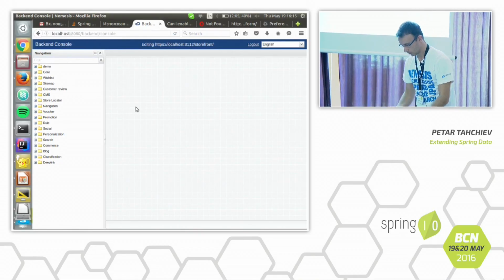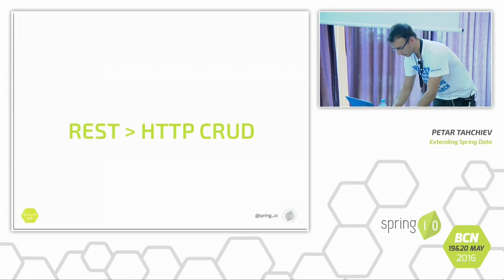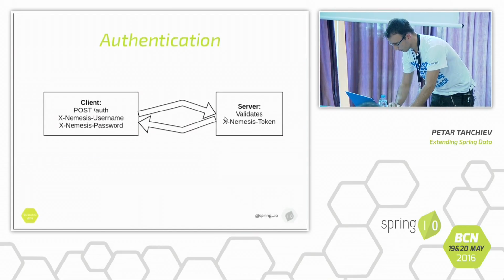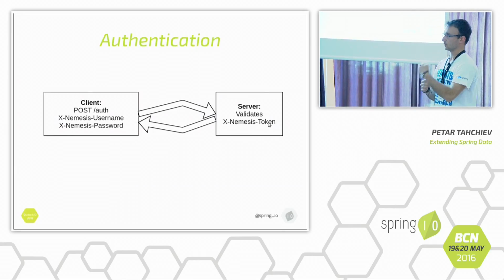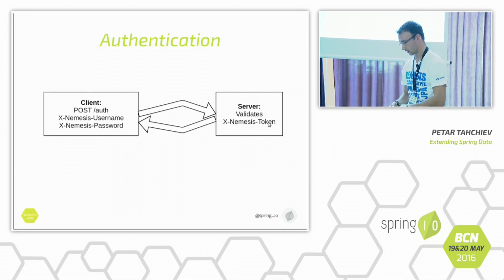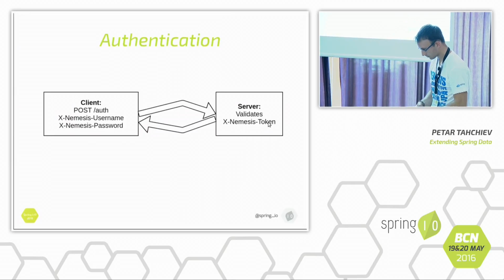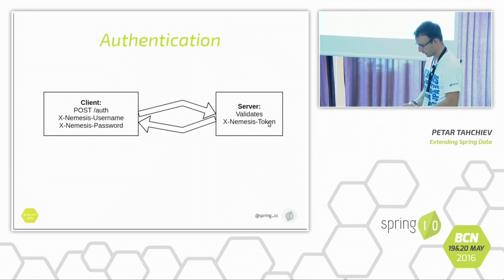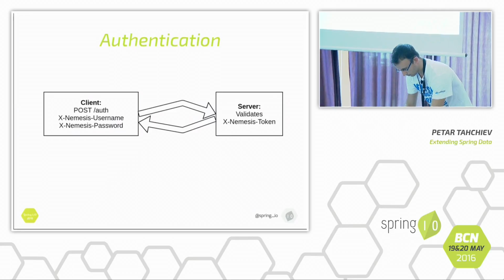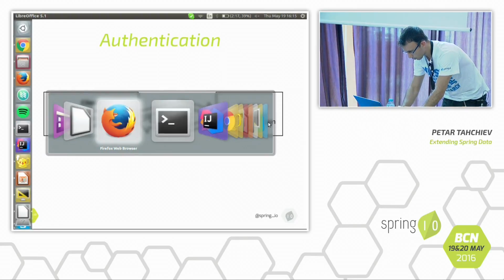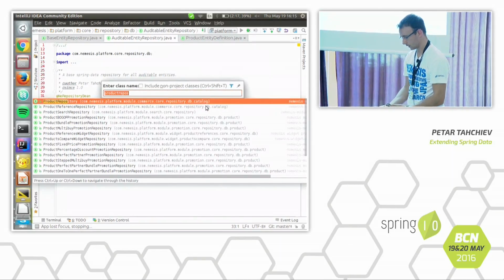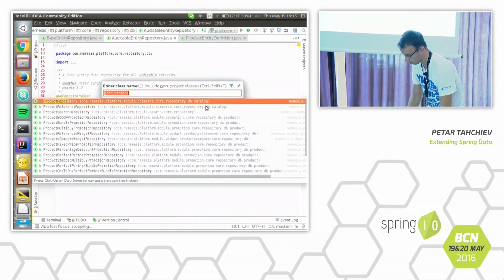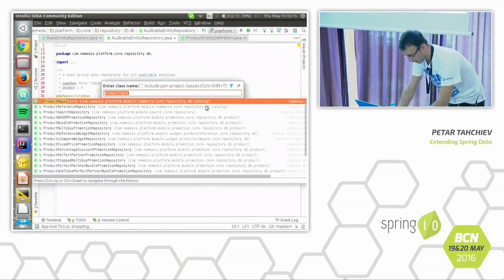The website then validates them and returns the X-Nemesis-Token, which you can subsequently use to call again, and we're going to see who you are, what kind of user groups you are in, etc. That's all cool, but how could we hook this into the Spring Data repositories?